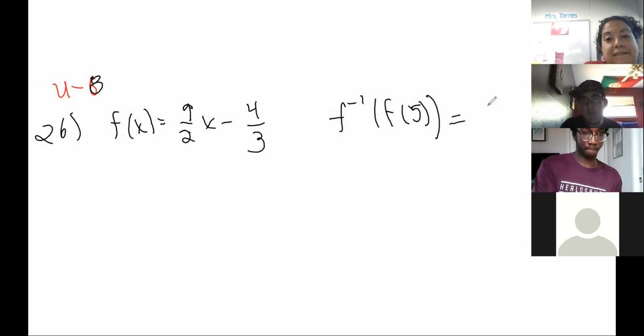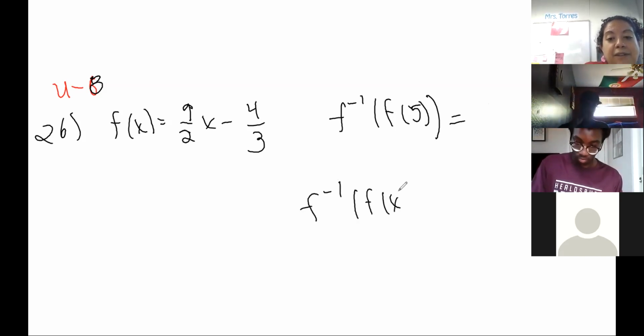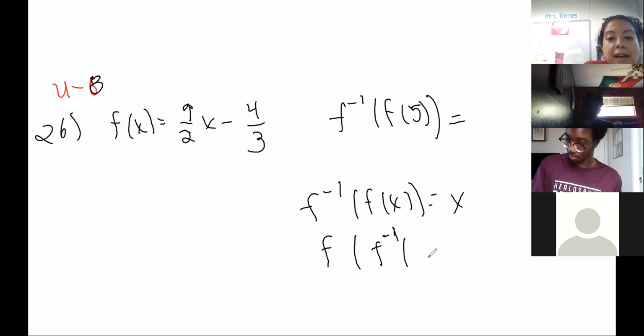It's f inverse of f of x equals x. Yeah, f inverse of f of x will always equal x. It's true both ways. F of f inverse of x equals x. That's because inverse operations undo each other. So what would the answer be up here?